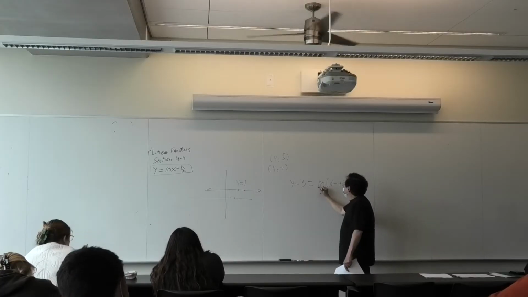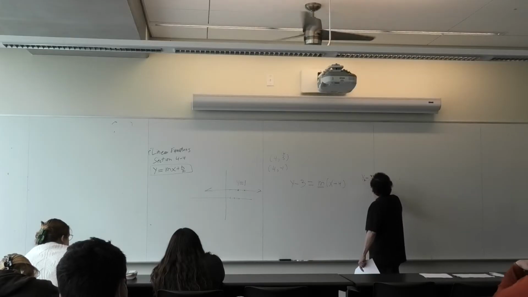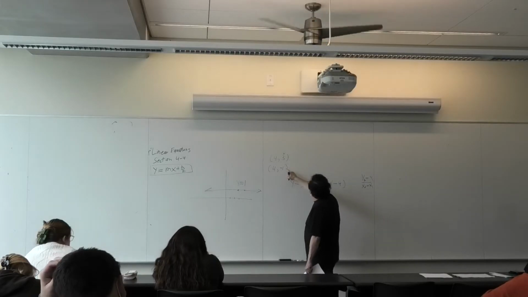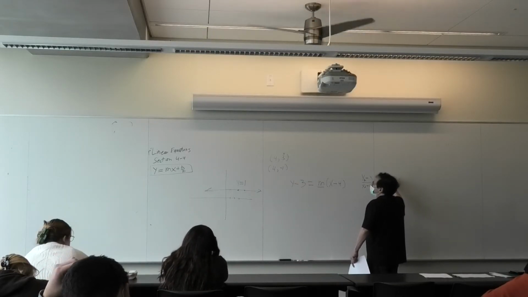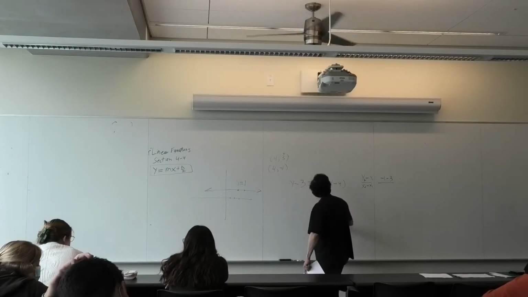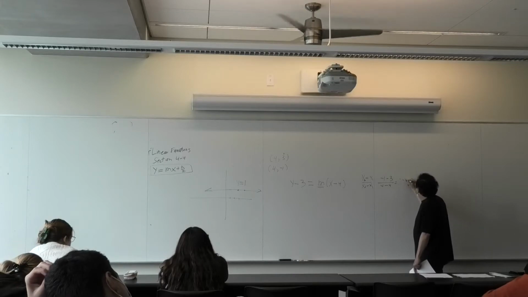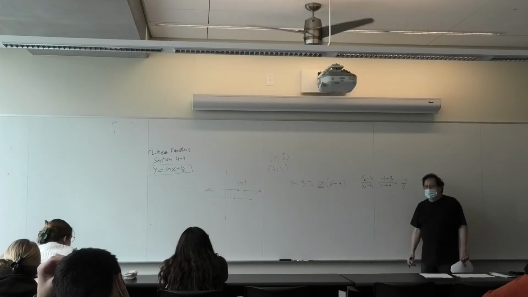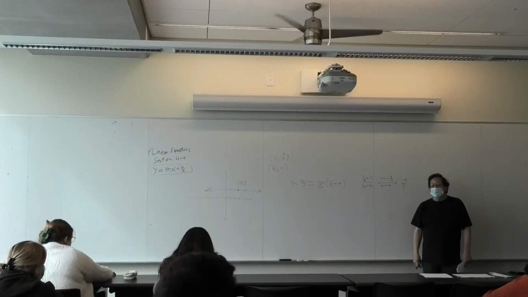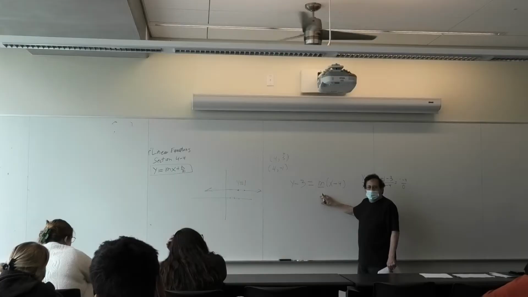All right, so now I got to calculate my m. So y2 minus y1 over x2 minus x1. So y2, minus 1, minus 3. And then minus 4 over 0. Well, that's not quite as easy, is it? I don't know what I do with that. I can't plug that in here, can I?